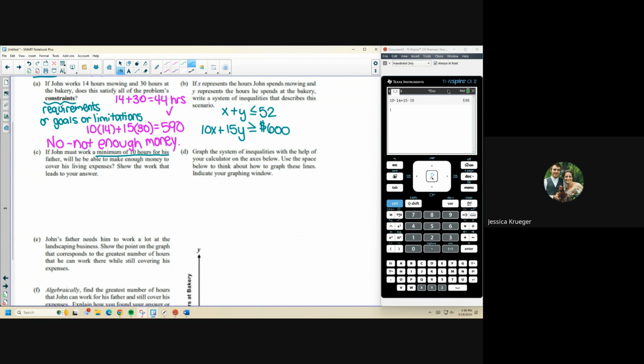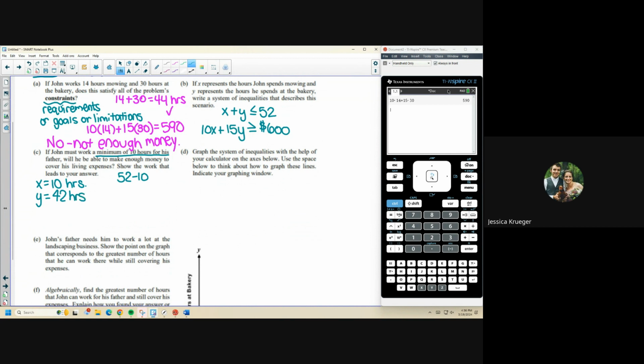So if I want to know if he'll make enough money, let's say he works 10 hours. If he needs to work a minimum of 10 hours for his dad, and we want him to make the most money possible, he's going to work the least amount that he can at the lawn mowing company. Which means if he has 52 hours to work, 52 minus 10 is 42 hours that he can pick up at the bakery.